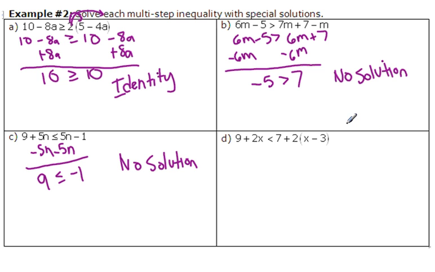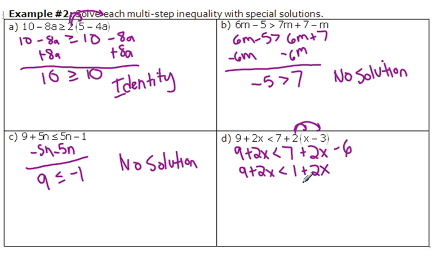So the last example. Here the first thing I need to do is distribute the 2. So I have 9 plus 2x is less than 7 plus 2x minus 6. Now I need to combine like terms on the right side, because 7 and negative 6 are like terms. 7 minus 6 is 1.